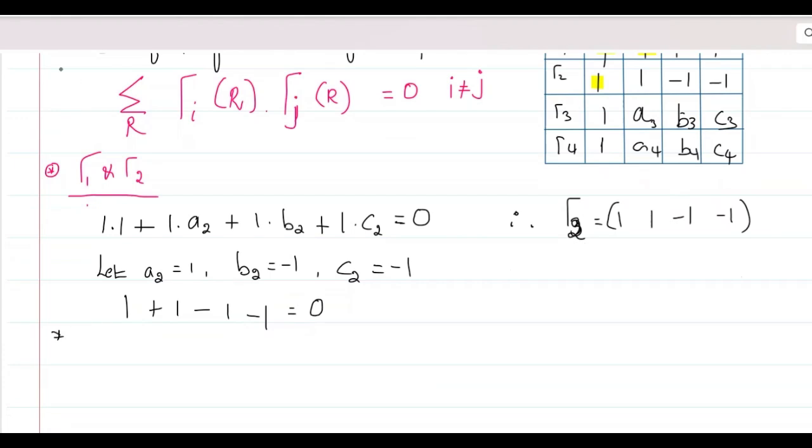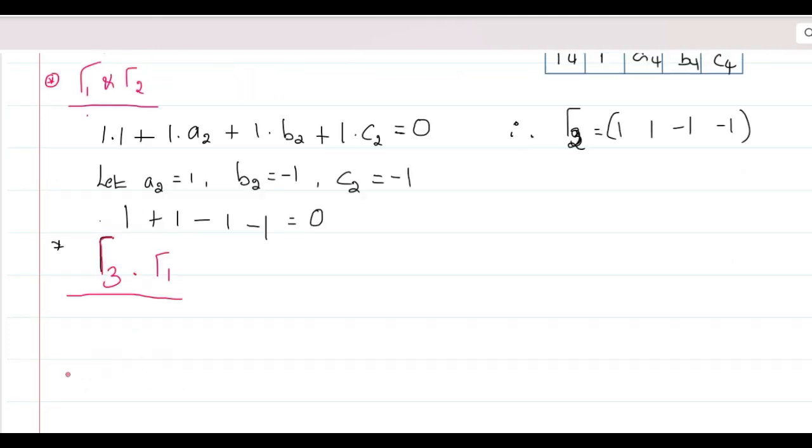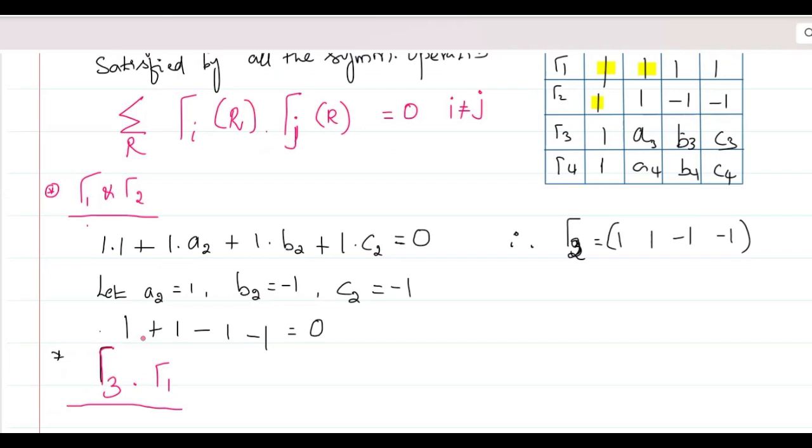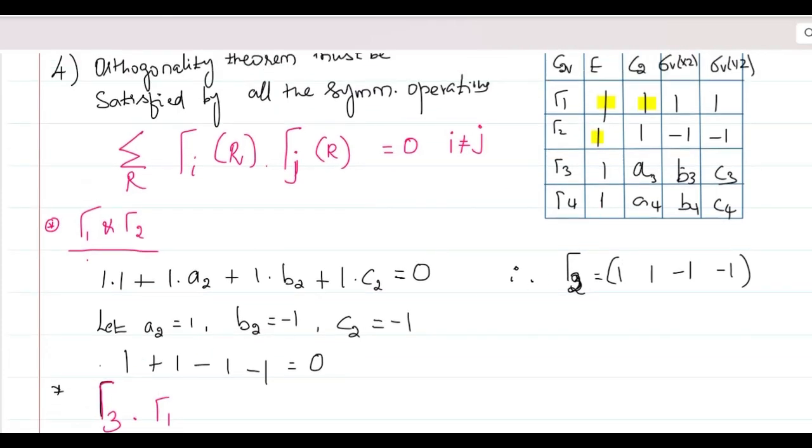We are going to evaluate the third irreducible representation. So the third one is considered along with the first one. If we take the third irreducible representation and the first, what do we get? The third one is again 1.1, then A3 into 1, B3 into 1, C3 into 1.